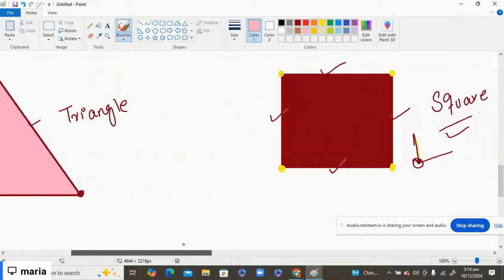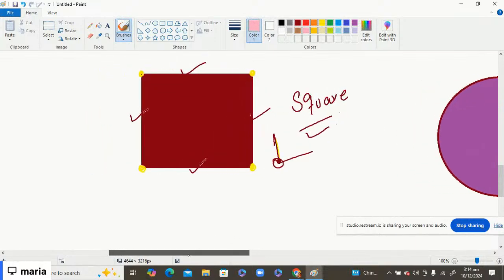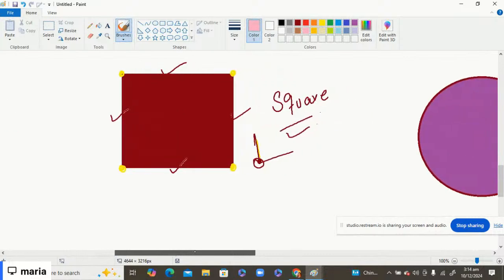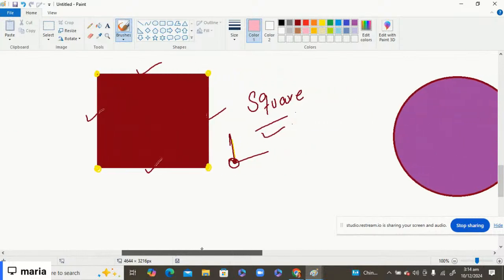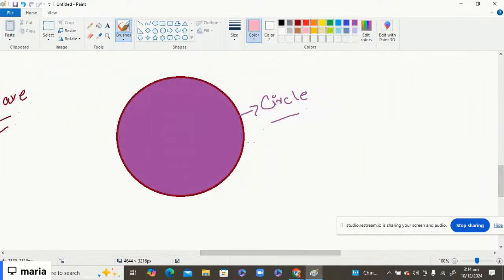Now move to the second. This is a square. Square is basically four sides, and this is the shape of the square. And now the last one, that is a circle. Okay, so there are the three shapes.